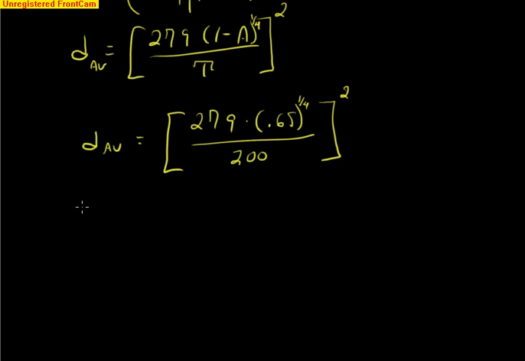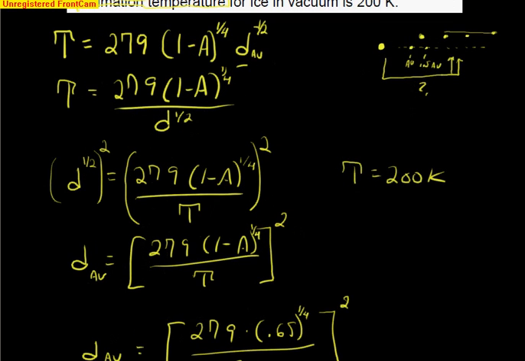And upon all of the calculations, we're going to get the distance at which ice moving in towards the sun, in which it remains frozen, is going to be equal to 1.57 astronomical units.